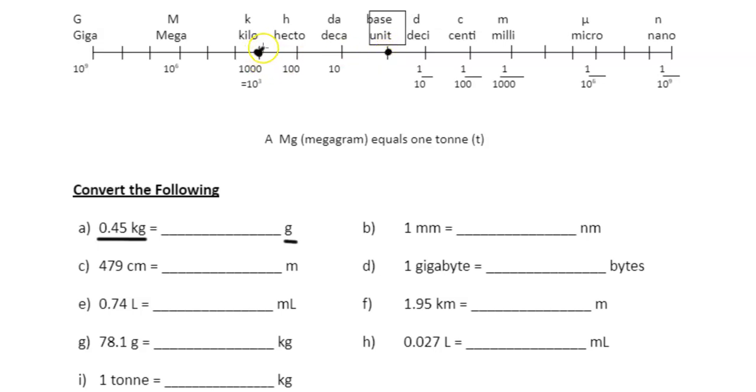So if we're going to the right 1, 2, 3 times, each movement is an order of 10. So if we're moving that to the right 3 times, we're going to move our little decimal to the right. 1, 2, 3. So that gives us 450 grams. Make sense? Yeah. Okay, try C.